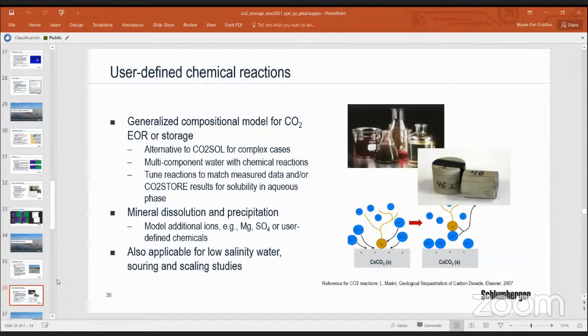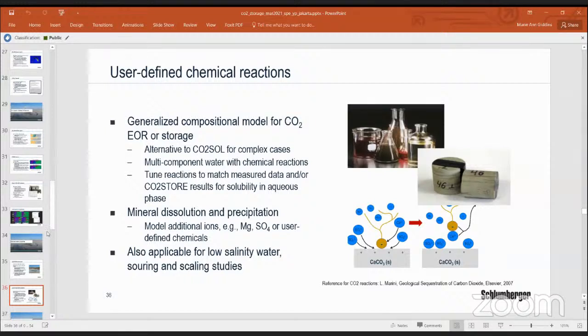And you can tune the reactions to match the measured data, or maybe to match CO2 store results for solubility in the aqueous phase. And then you can define chemical reactions to represent mineral dissolution and precipitation. This kind of method is also applicable for other studies like low salinity water, souring and scaling. So this gives you a way to generalize the underlying model.